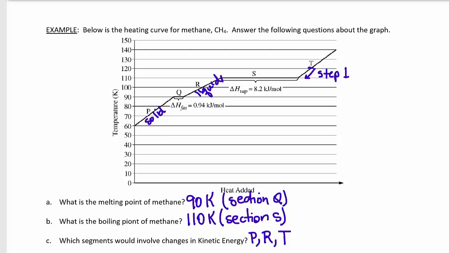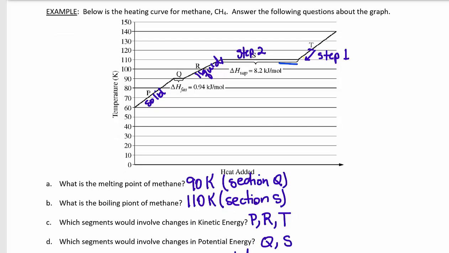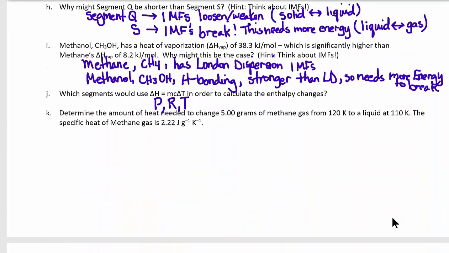So right here would be step 2. Step 1 involves a temperature change, so we can use m c delta T. And step 2 does not involve a temperature change, so we're going to have to use the heat of vaporization to calculate that.